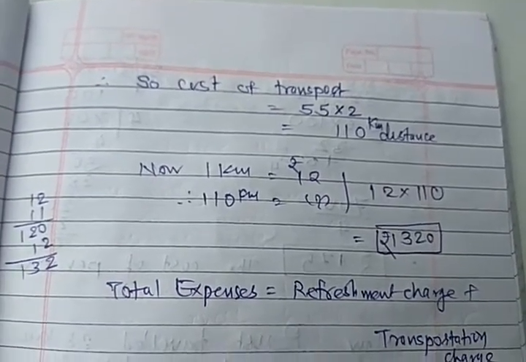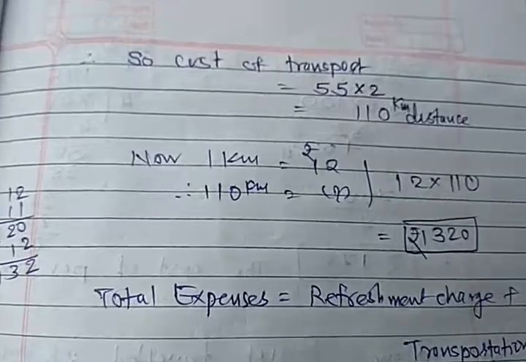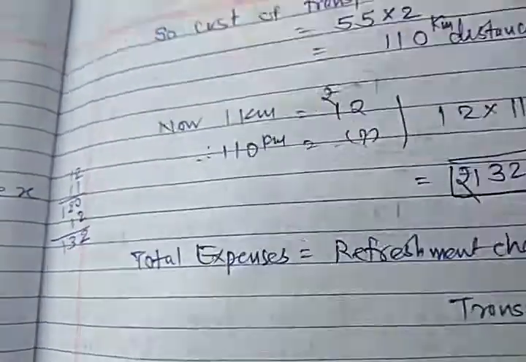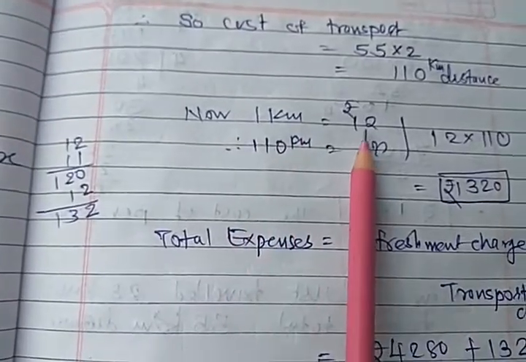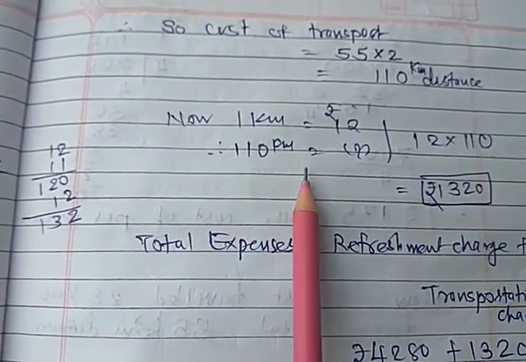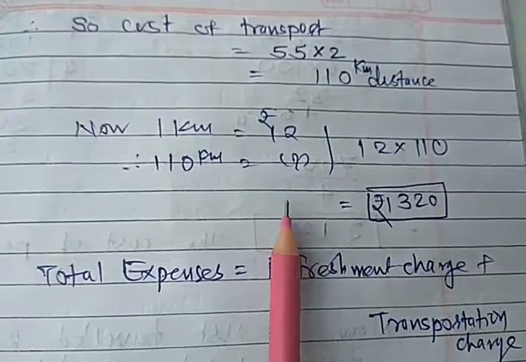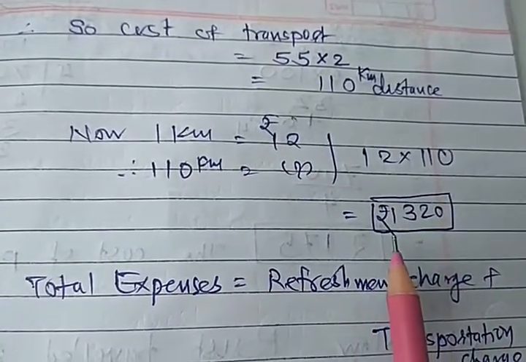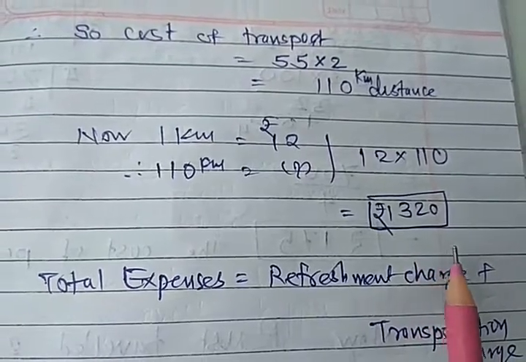Now the cost is given, 1 kilometer is equal to 12 rupees. Therefore 110 kilometers equal to how many? By the unitary method, 12 into 110, you will get 1320 rupees.